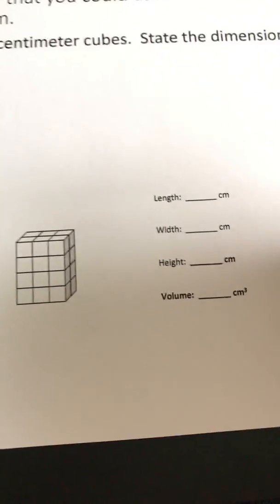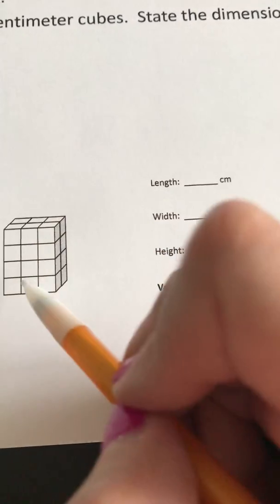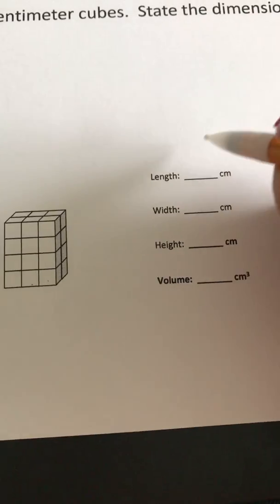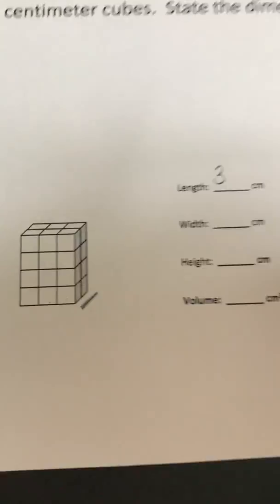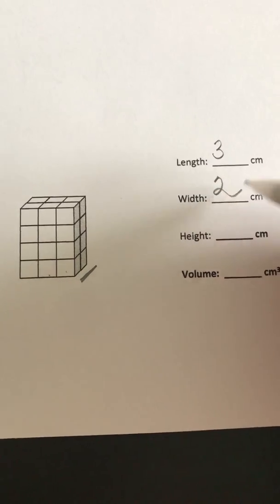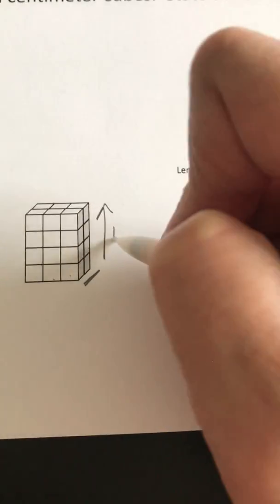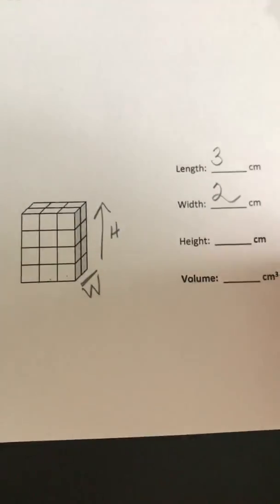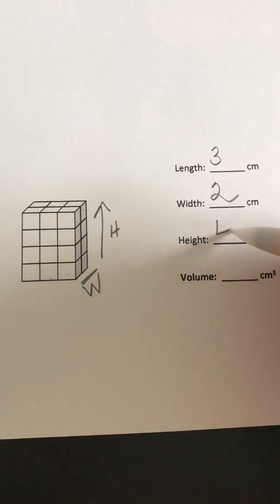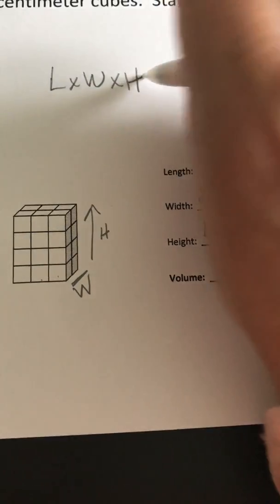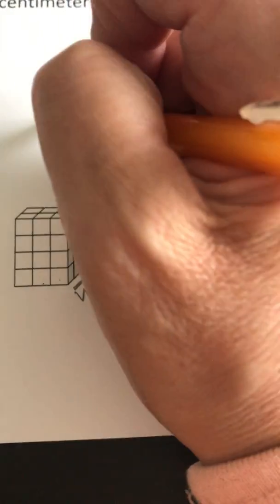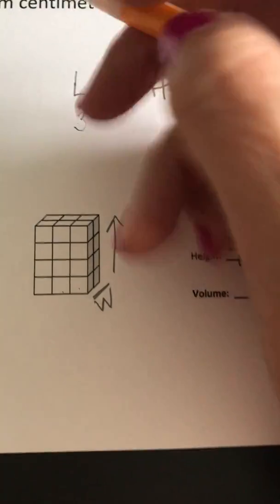All right, let's look at the next box. Here we go. Length. 1, 2, 3. 2 for a width, and the height should be 4. So now I have length times width times height. And I have 3. Just plug it in.